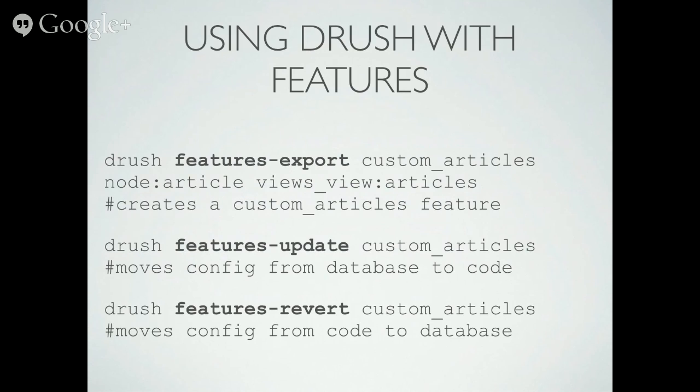That means that you want to include your article content type as part of the feature. And then views:view articles. That means you also want to include the articles view. So you can use this command to create a new feature. You can also use it to recreate a feature. And if you include additional components, then you'll be adding those components to the feature.